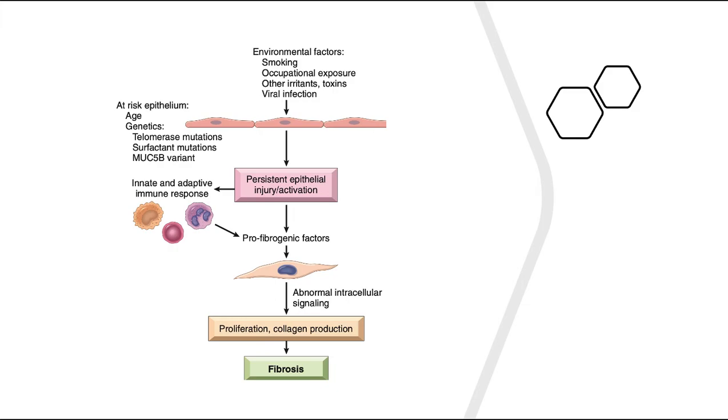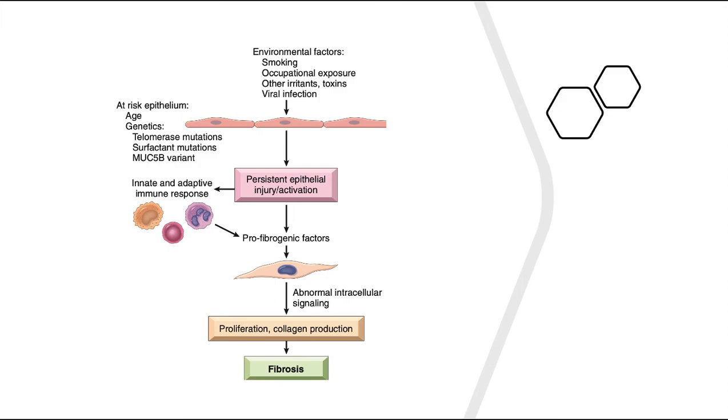Interstitial pneumonia refers to a pulmonary disorder of unknown etiology that is characterized by patchy progressive bilateral interstitial fibrosis. The interstitial fibrosis that characterizes idiopathic pulmonary fibrosis is believed to result from repeated injury and defective repair of alveolar epithelium, often in a genetically predisposed individual.